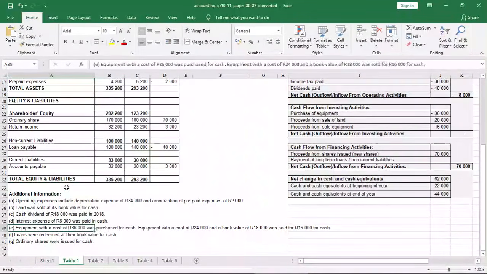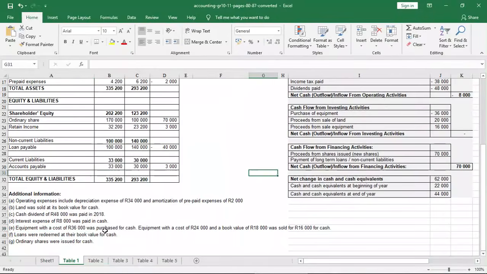You can see that the loan was redeemable at its book value for cash. So that means we paid cash to decrease the loan payable that we have, and it's 40,000 rand. Oh, it's a negative because we paid cash. 40,000 rand. And then we are done with cash flow from financing activities.